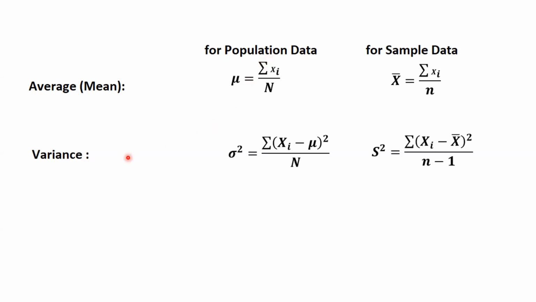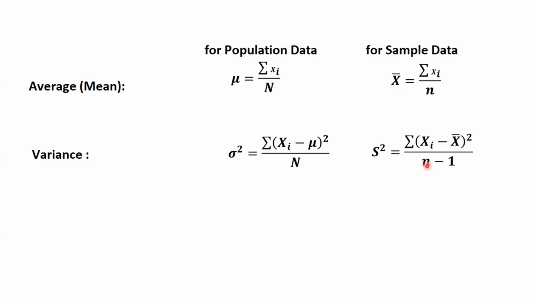For population, the variance is sigma squared, given by summation of the square of the deviation of the variables from the mean divided by total number of terms in the population. For sample, the variance capital S squared is given by summation of the squares of the deviation of the variable values from the sample mean divided by total number of terms in the sample data, n minus 1.